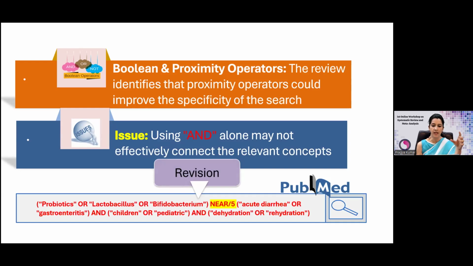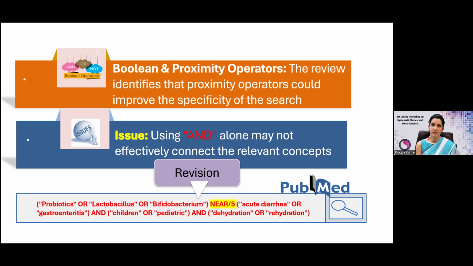But this NEAR5 is not applicable in PubMed. NEAR5 is like, if there is a phrase with 3-4 terms, like attention deficit hyperactivity disorder, many people write it as attention hyperactivity disorder or in the reverse sequence. If you write this NEAR5, that means even if the order is reversed, it will pick those words. But in PubMed, this doesn't work. So we will not go with this proximity operator.